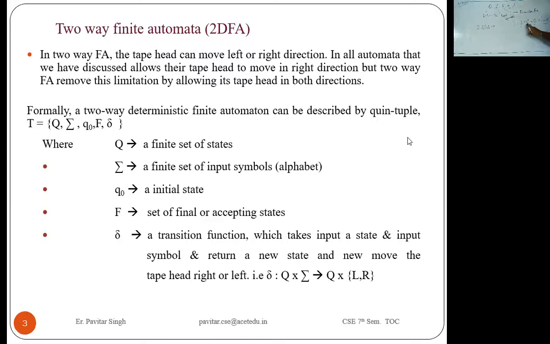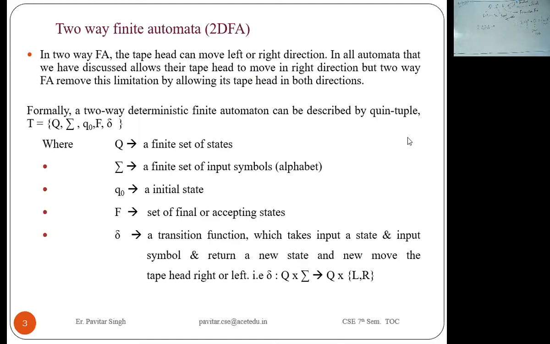So Q into sigma goes to Q into L comma R, where Q naught is the initial state and capital F is the final state.